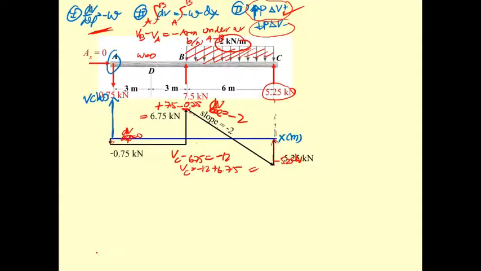The important thing is the point of zero shear. This is the point of zero shear.